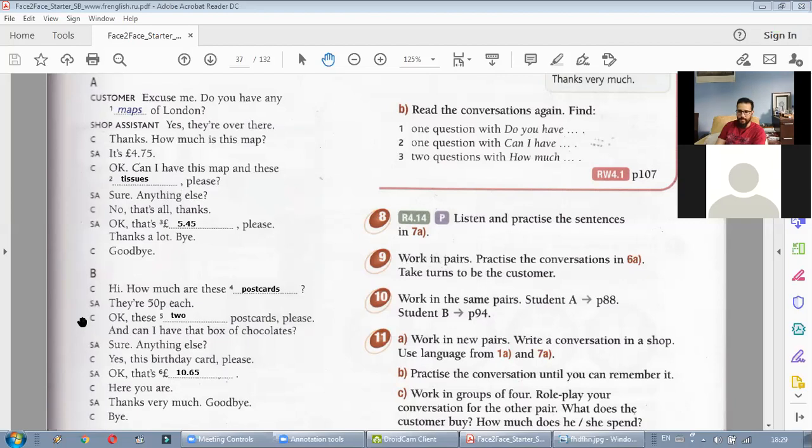And can I have that box of chocolate? Sure. Anything else? Yes. Spare the card, please. Okay. That's £10.65. Here you are. Thanks very much. Goodbye. Bye. Okay, very nice, very good.